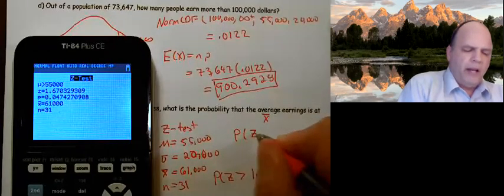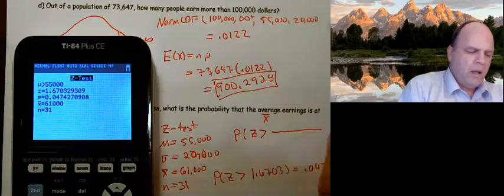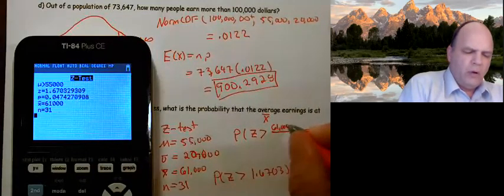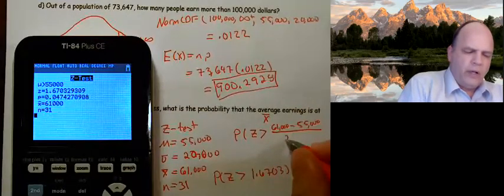I probably should have written this down, so I'm going to do this. The probability that Z is greater than 61,000 minus the 55,000 over the 20,000 divided by the square root of 31. That's the equation we were using.